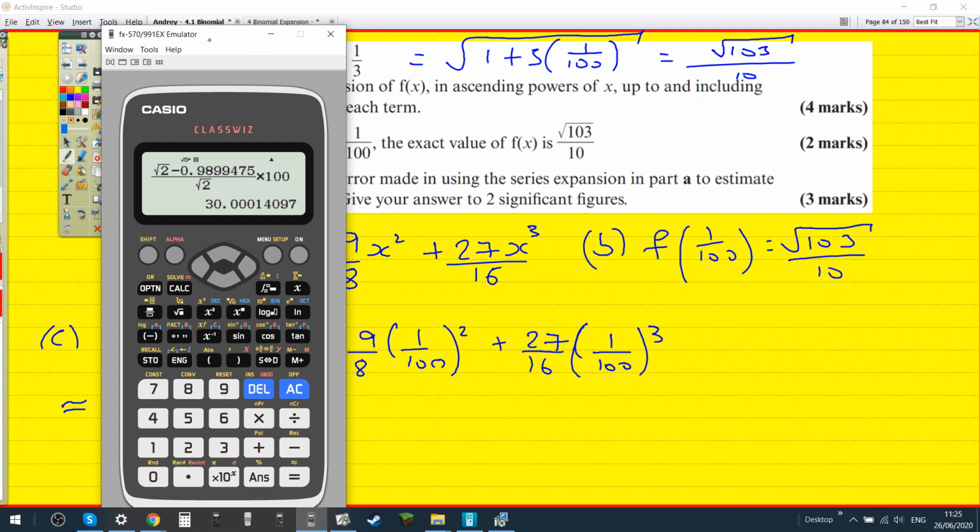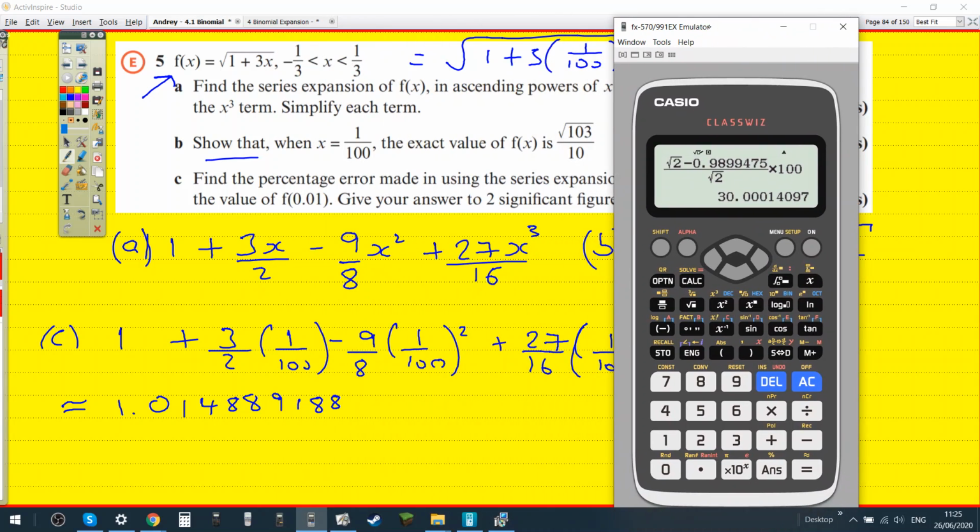So root 103 over 10, fraction first. Root 103 over 10 is exactly 1.014889157. So we're slightly off.